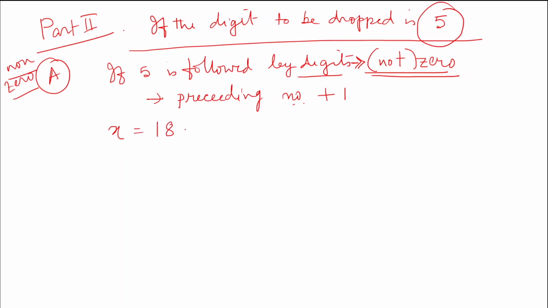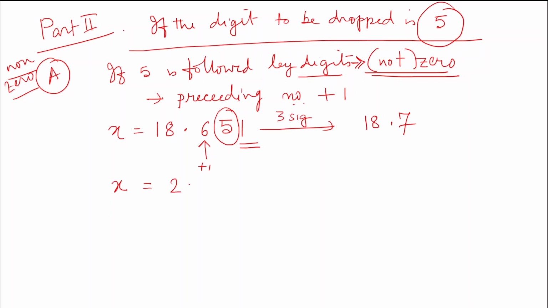So if 5 is followed by a digit which is not 0, then the preceding number के साथ +1 add करना है. Example है 18.651. So there are three significant digits here. So 5 के बाद क्या है? 1 is non-zero. Then we'll add 6 के साथ +1 add कर देंगे. So rounding off will get 18.7.